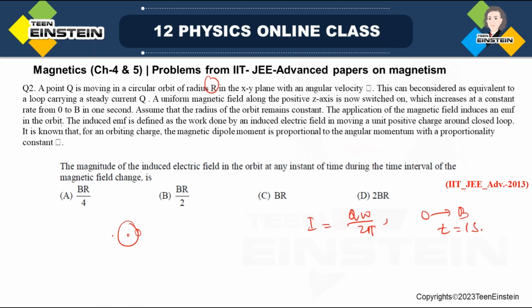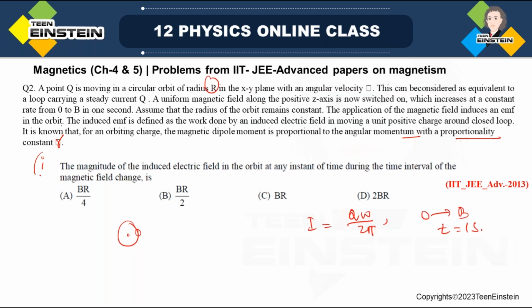That work done is converted to induced EMF. It is known that for an orbiting charge, the magnetic dipole moment is proportional to the angular momentum with a proportionality constant gamma.